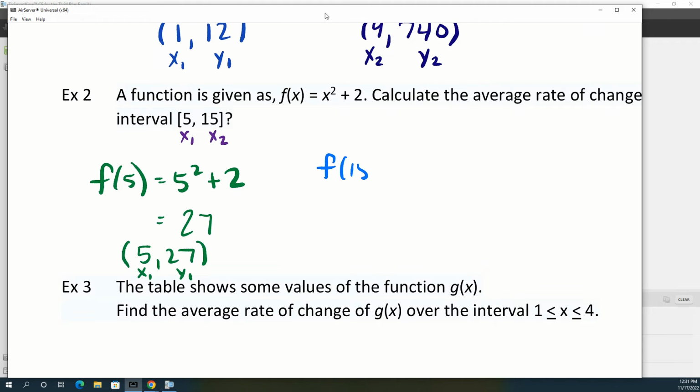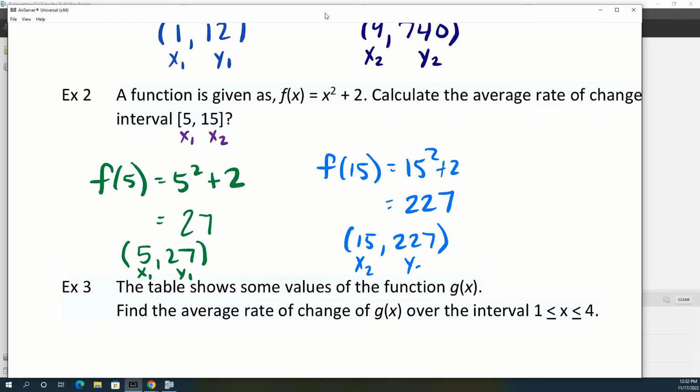Okay, and then we'll put 15 in. So it's going to be 15 squared plus 2. That's going to be 227. So the x2 is 15 and y2 is 227.